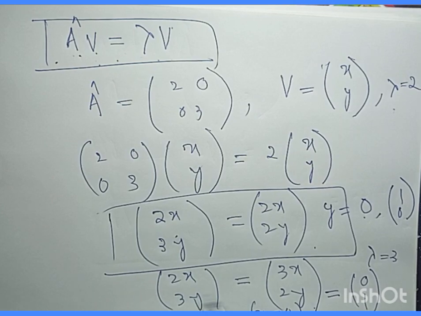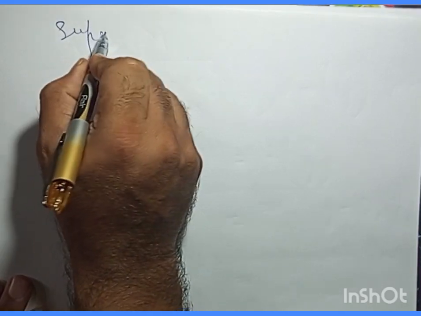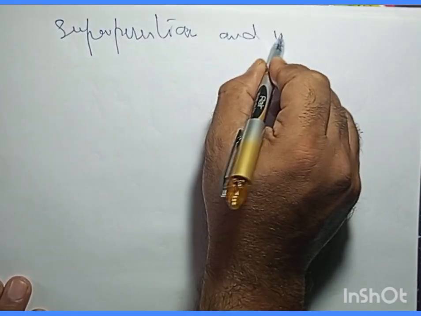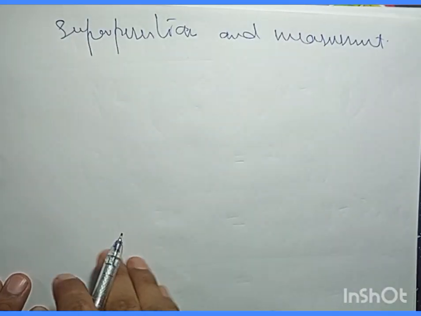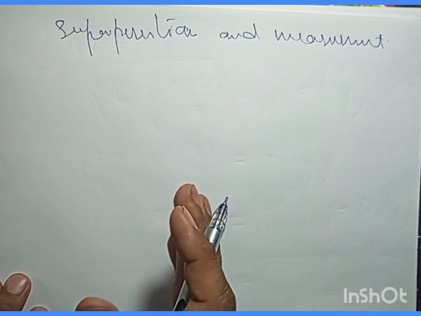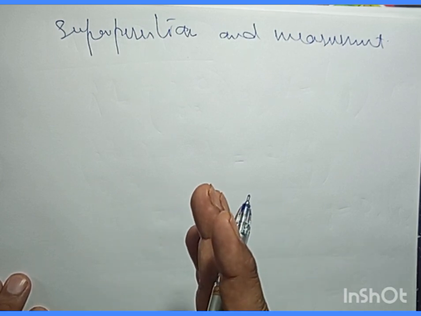Now, another important property of Hilbert space is the superposition and the measurement. Suppose we have a quantum state, and a quantum state can be expressed as a combination of basis states.